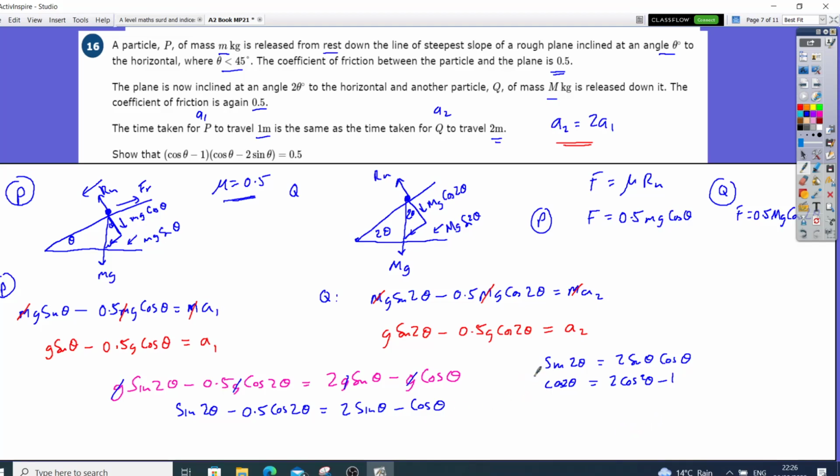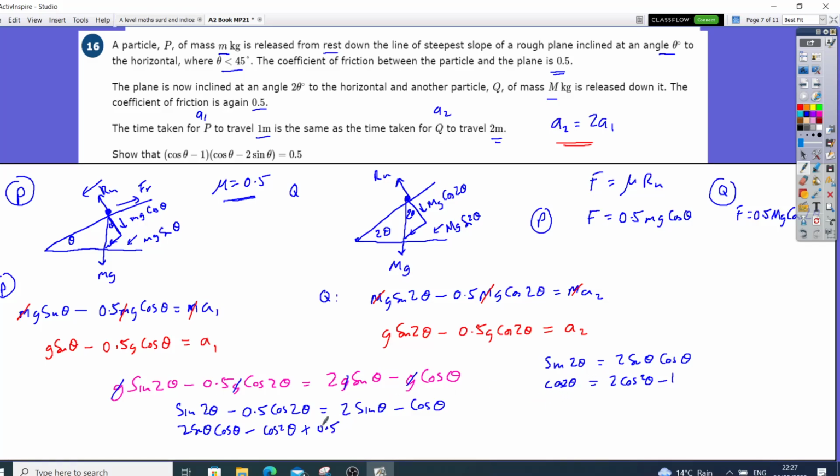Okay, so if I sub those in here, that will give me 2 sine theta cos theta, and if I do 0.5 times that, I'm going to get half of that, so that's just minus cos squared theta, and half of that, which with my 2 negatives is going to be a plus 0.5.